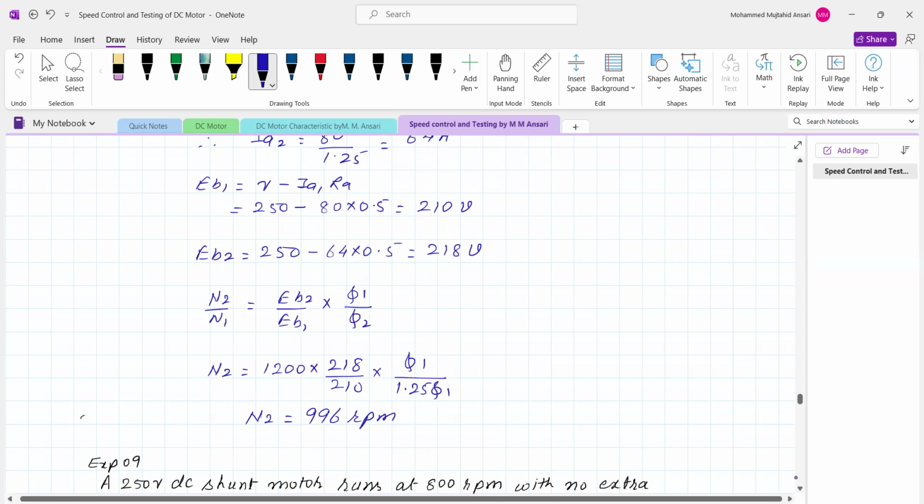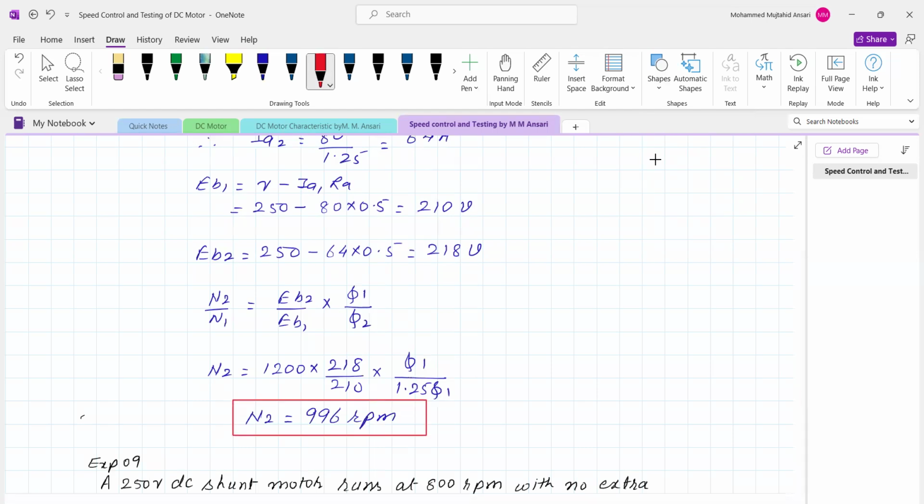So it is a field control method where the field is strengthened, the field is increased. So definitely when we increase the field flux, the speed is going to decrease.